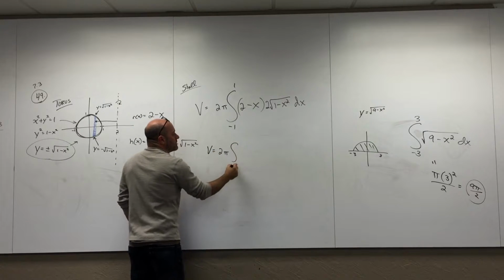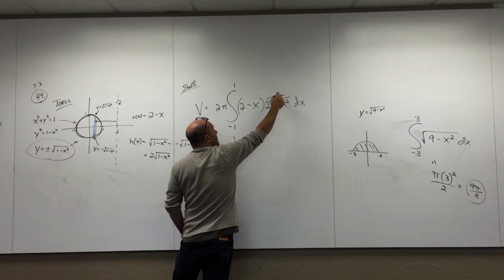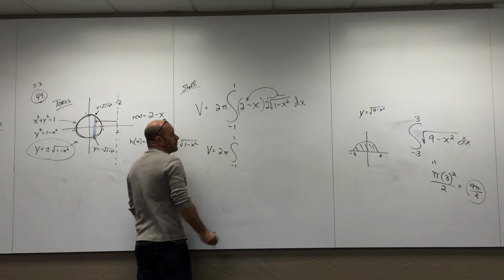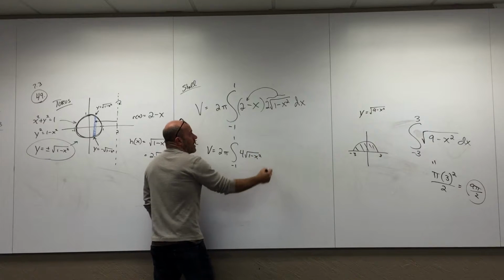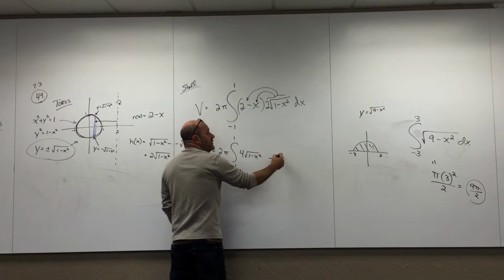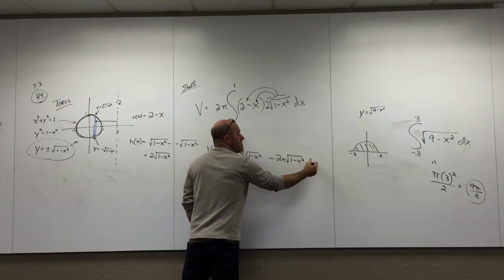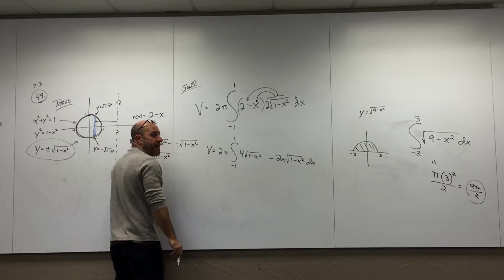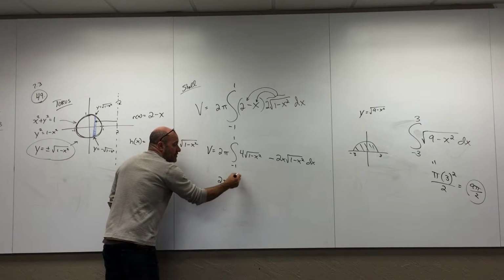Let's see what happens. I think, this is one quantity, can I distribute it times the 2? Right. So I will have 4 of those square roots. Minus, if I distribute it times the x, then it's -2x times those square roots. You guys okay? I need to think of this now as 2 separate integrals.